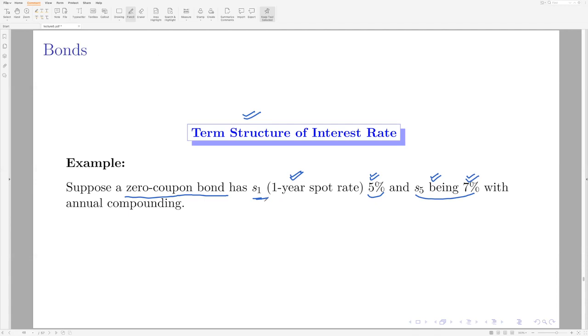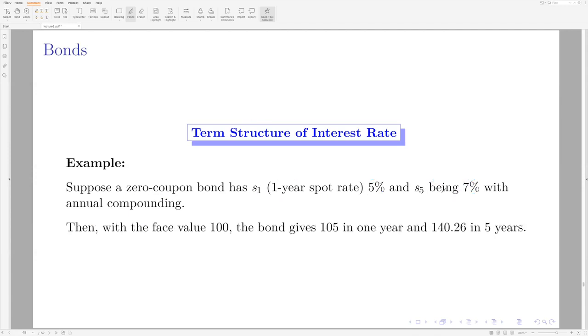If a bond is giving 5% for the 1 year spot rate and 7% for 5 years, and the face value was taken like this, it means if you opt for 1 year maturity, then you will get 105 rupees because it is a 5% yield. In the same bond, if you opt for 5 years maturity, then you will get 7% annually compounded.